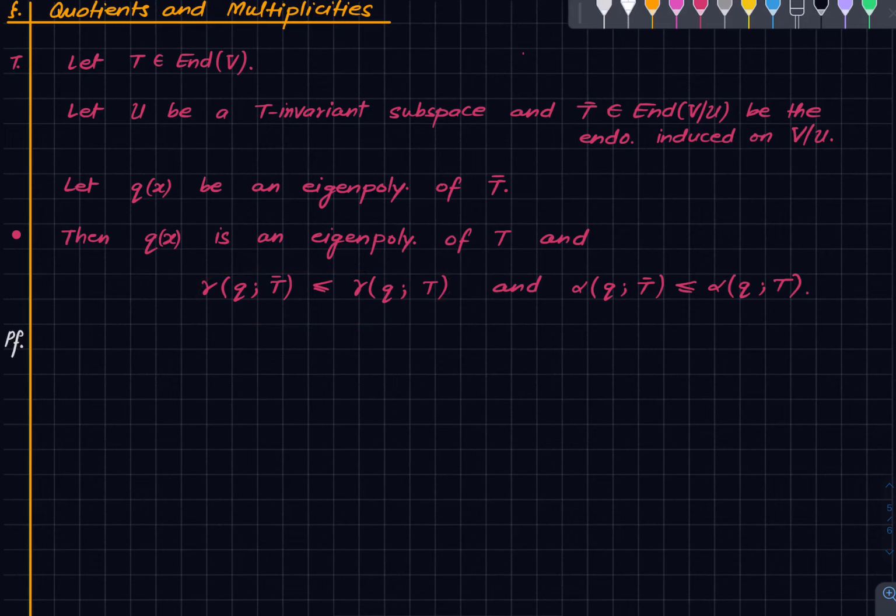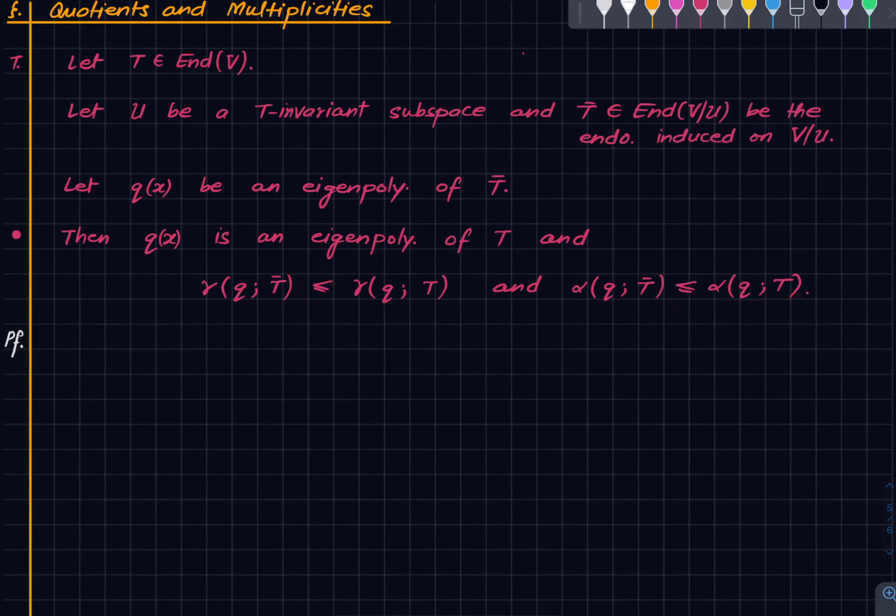So the geometric multiplicity of this eigenpolynomial of T bar is at most the geometric multiplicity of the same polynomial, but here we have written a T. So just note that these two things are different numbers. And we have this inequality, and same for algebraic multiplicity.